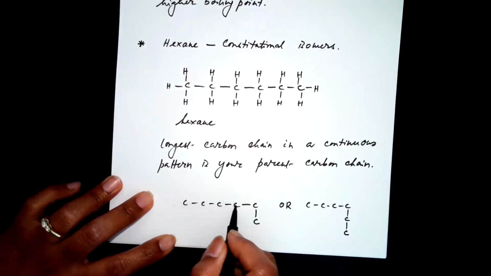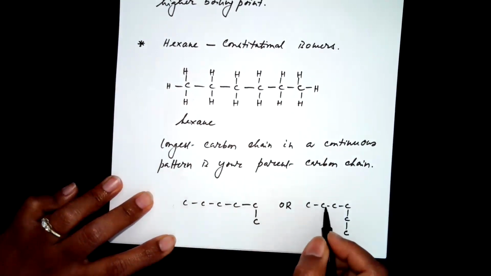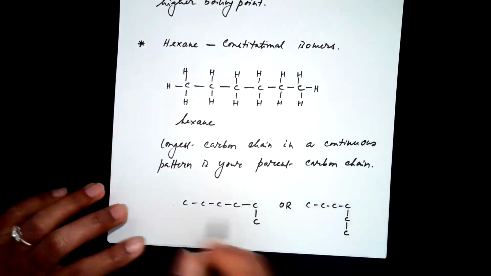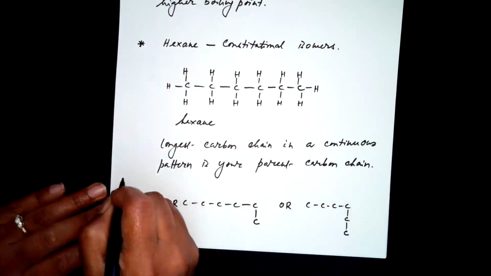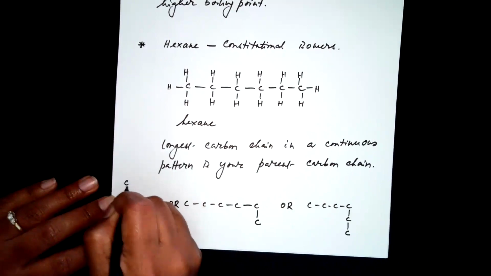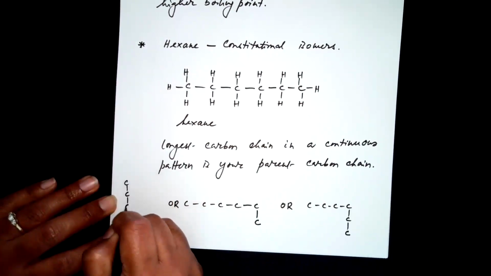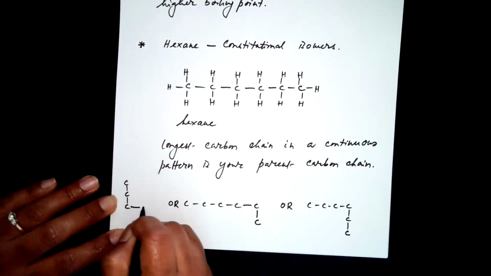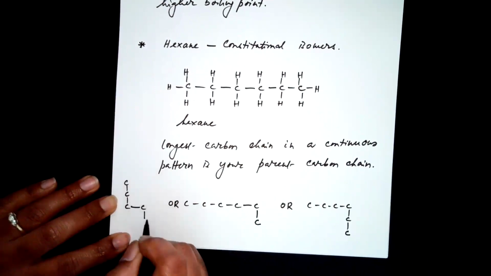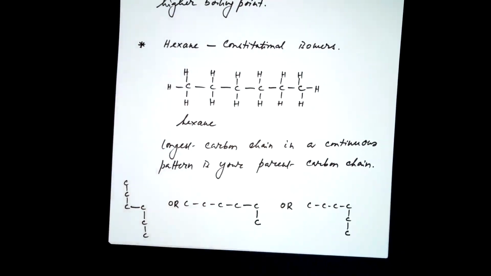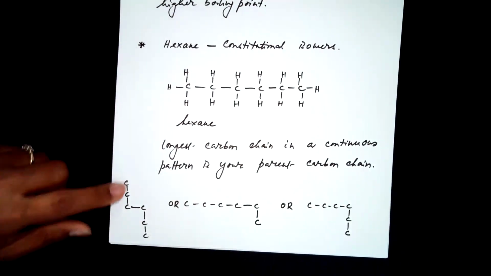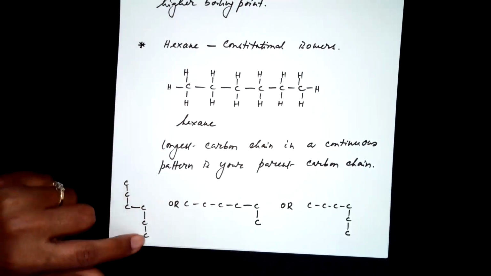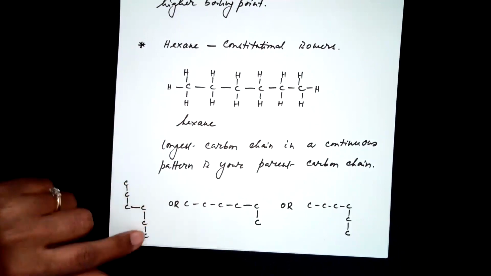1, 2, 3, 4, 5, and 6. 1, 2, 3, 4, 5, and 6. So you could draw this in a variety of ways. I could draw 2 carbons or 3 carbons this way, 1, 2, 3, 4, 5. And then I could draw 1, 2, 3, 4, 5, and 6. It would still be called hexane, since I have 1, 2, 3, 4, 5, 6, all in a row.